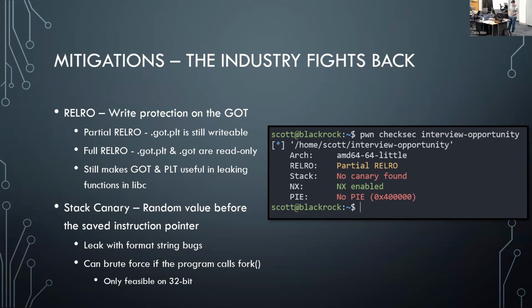Now, a stack canary is a random value that's placed before the saved instruction pointer on the stack. You can again use format string bugs to leak it, or you can do something really cool if you're lucky enough to land on 32-bit, so that you can brute force it, if the program you're trying to exploit calls fork, because upon forking the process, the canary is still the same.